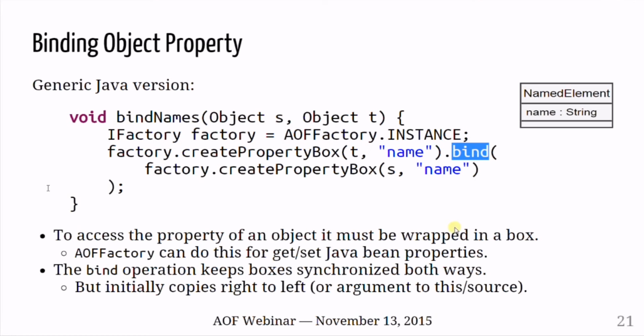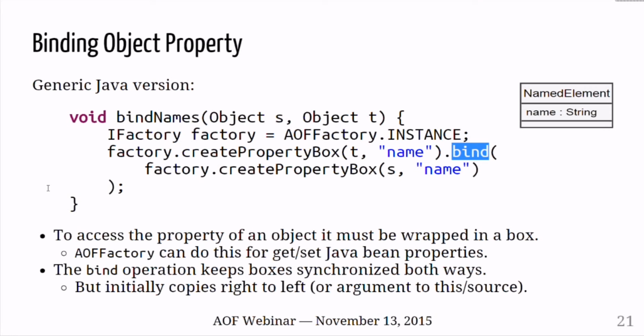AOS factory does this for get/set properties like you have in Java Beans. The bind operation is used to keep both of these boxes synchronized, so every time there is a change in one of them, it is propagated to the other one.